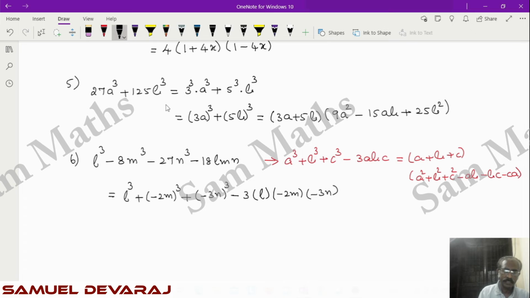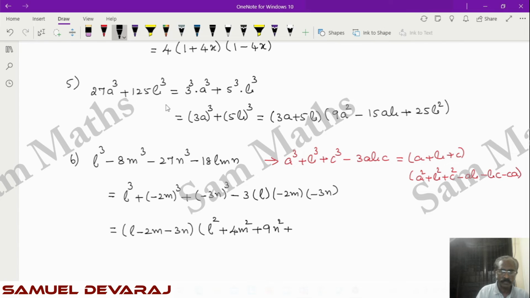Therefore, we can use the identity which I wrote here. A plus b plus c, that is l minus 2m minus 3n, into a square, that is l square, plus minus 2m the whole square, that is 4m square, plus 9n square, minus a into b. So what will happen?